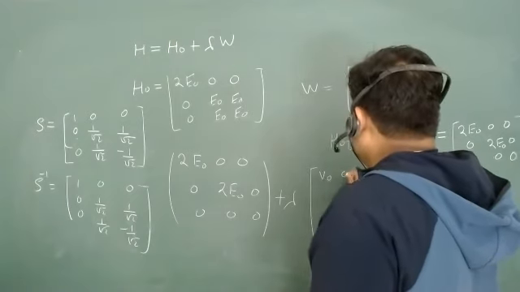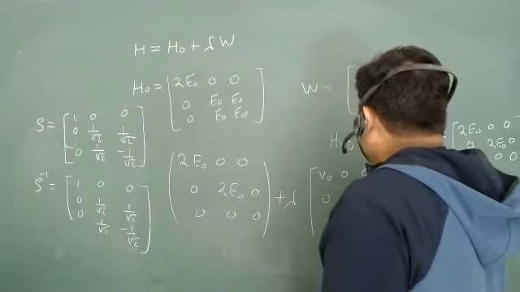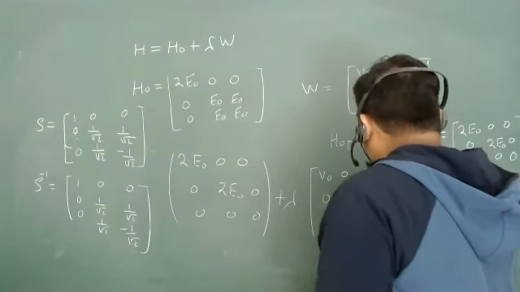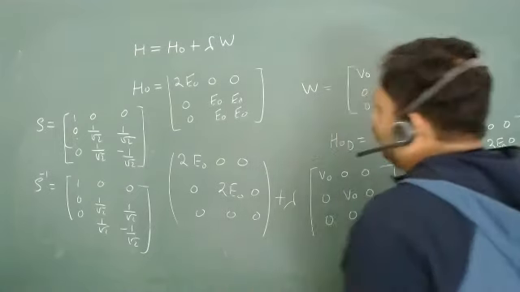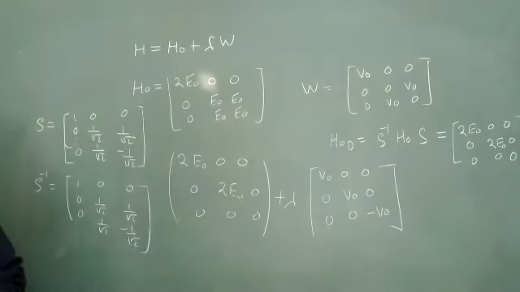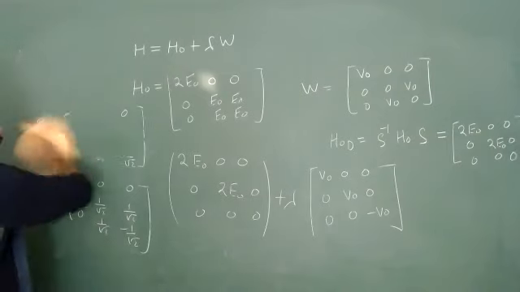V naught 0 0 0 V naught 0 0 0 minus V naught. So what is going to happen to this system?